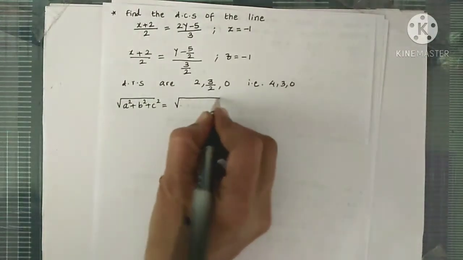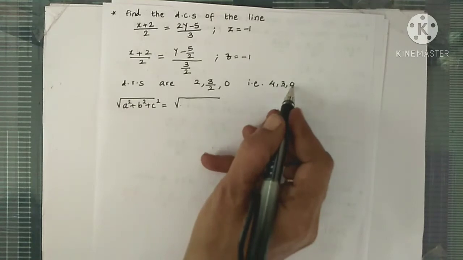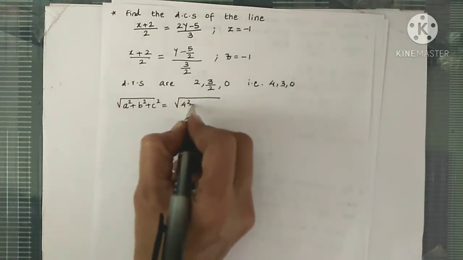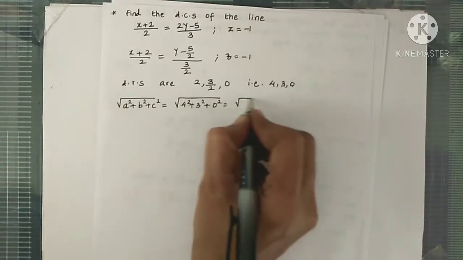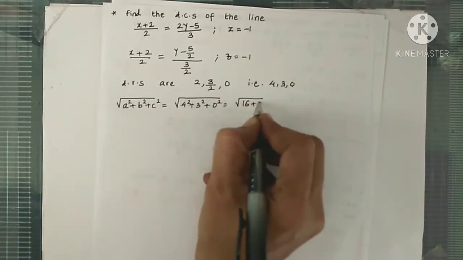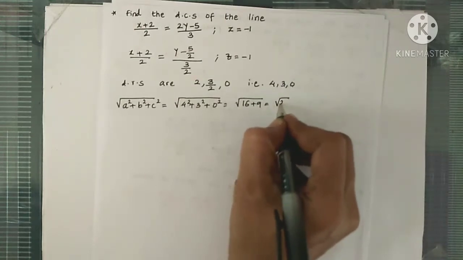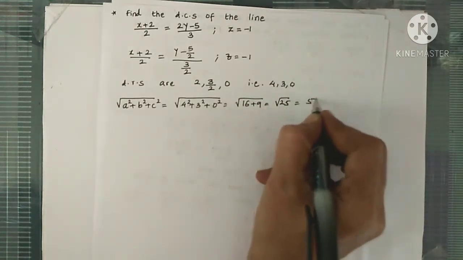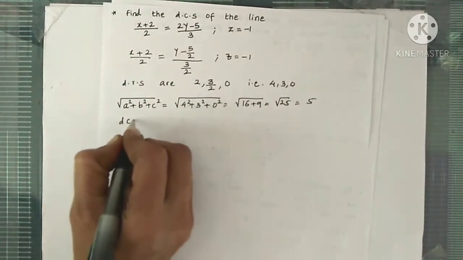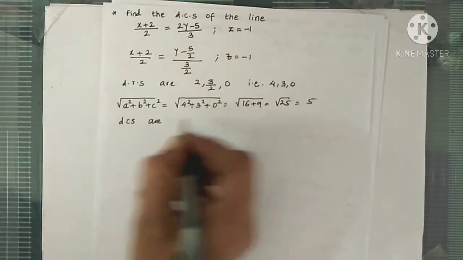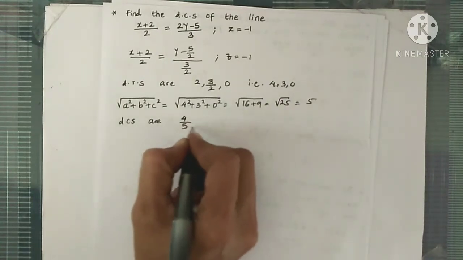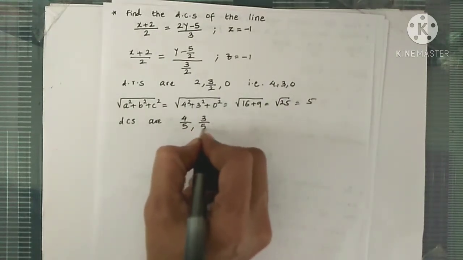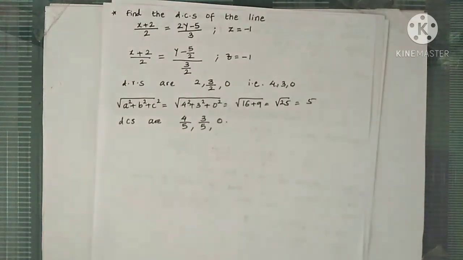So this is root of 4 square plus 3 square plus 0 square, that is equal to root 16 plus 9, equals root 25, equal to 5. So direction cosines are, we have to divide these numbers by 5. So it is 4 by 5, 3 by 5, 0 upon 5 is 0. So these are the direction cosines.